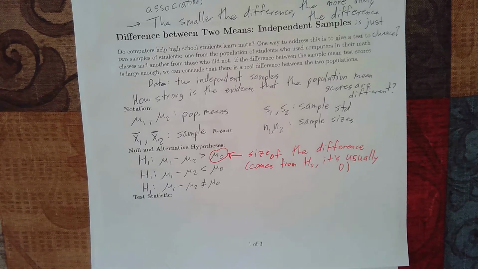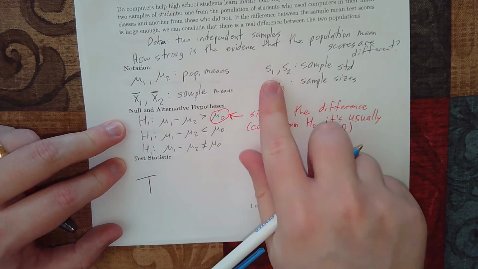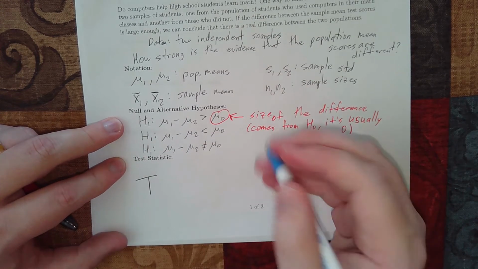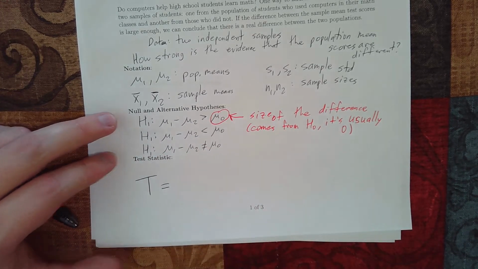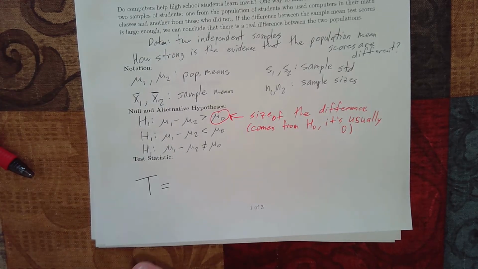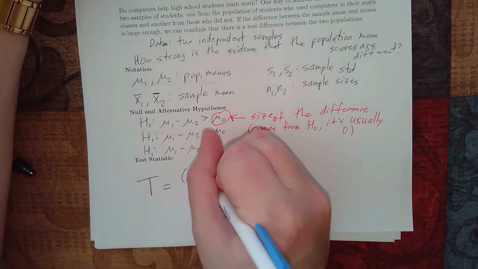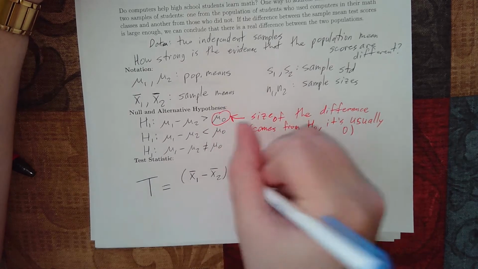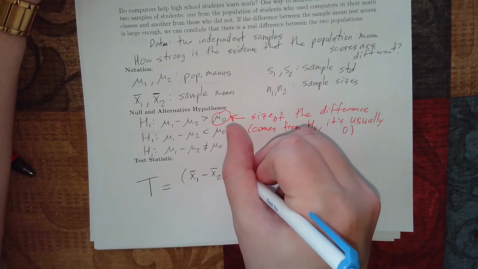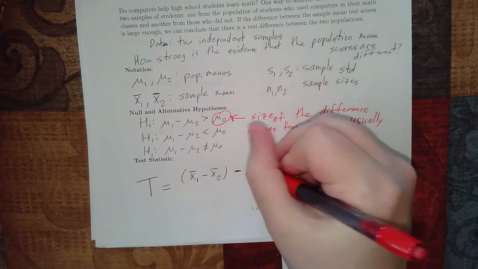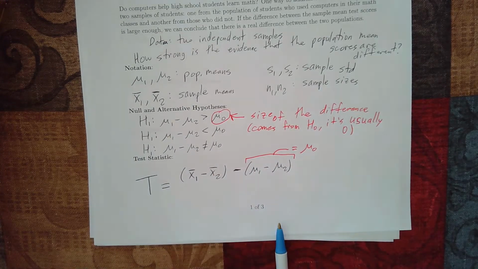Now, last but not least, we have our test statistic itself. Because we're dealing with sample standard deviations, we're going to have to use the student's t-distribution again. So when I write the squiggly t, the approximately t, later we'll talk about how many degrees of freedom we have. To calculate this, we'll take x bar 1 minus x bar 2 minus mu 1 minus mu 2, which, if you'll notice, is going to be equal to whatever mu naught is from our null and alternative hypothesis.